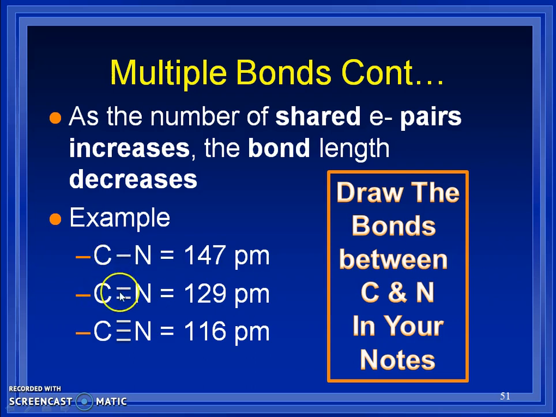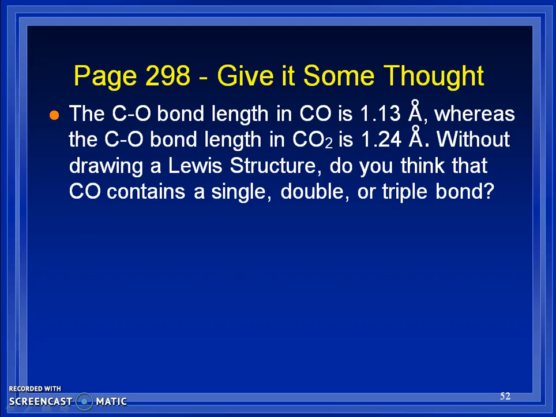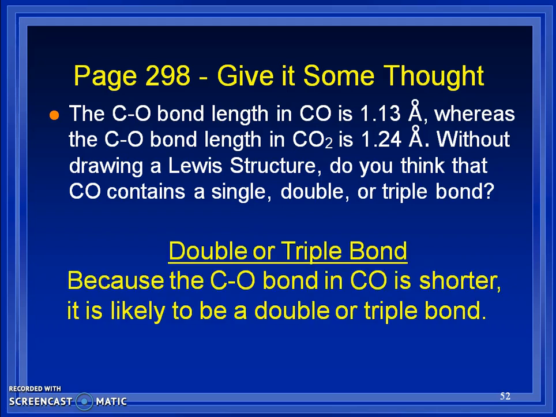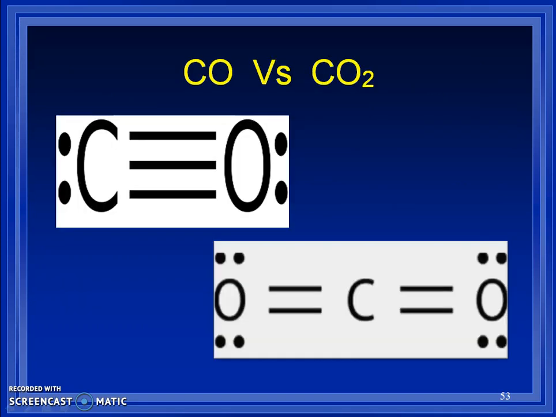So single, double, triple means that you're getting those atoms closer together. The bond length decreases. Again, give it some thought and see if you come up with the right answer. Hopefully that makes sense. And again, it's going to depend on the structure of the molecules.